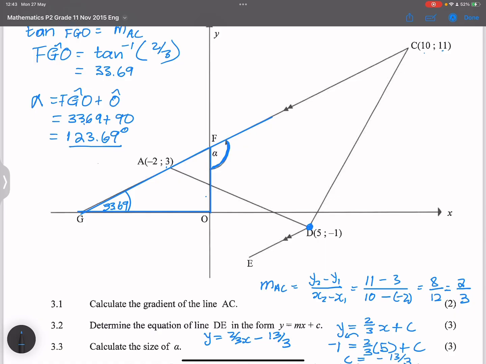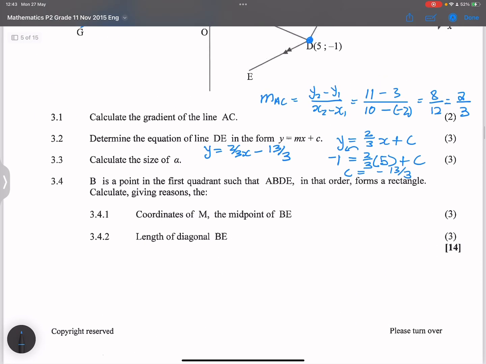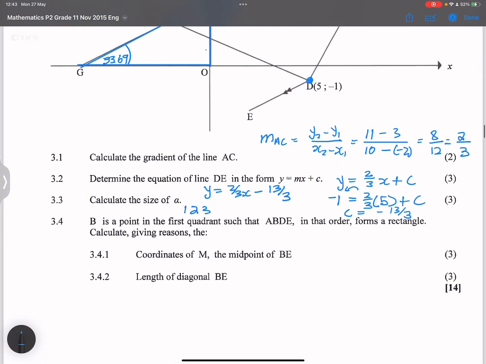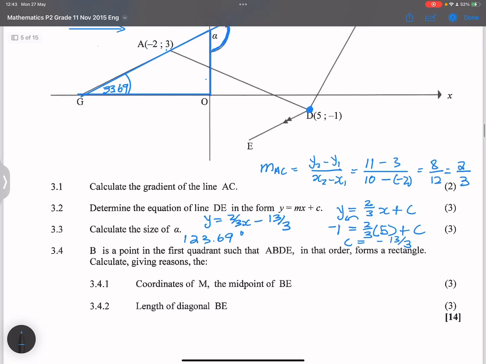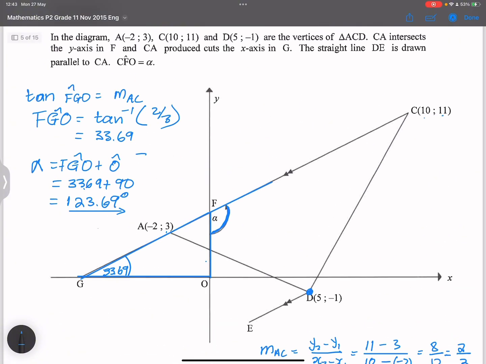And that's the size of angle alpha. Please verify that, ladies and gents, and please remember your theorem when it comes to angles. I should have said here exterior angles of a triangle.